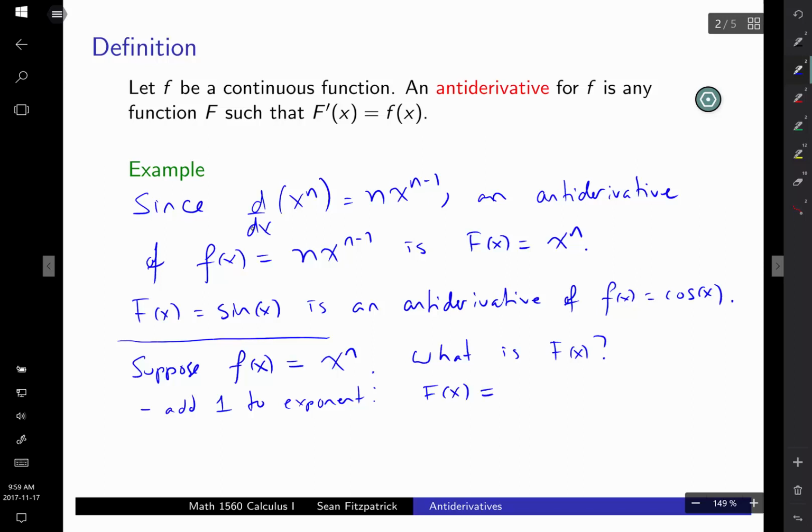Okay, so let's do that as a first step, x to the n plus 1, right? But now we think about, well, what happens when you take the derivative of x to the n plus 1, right? You get x to the n, but you also have to multiply by the power. You have to multiply by n plus 1. So how do we make sure that we don't end up with that number out front? Well, we make sure that something is there to cancel it.